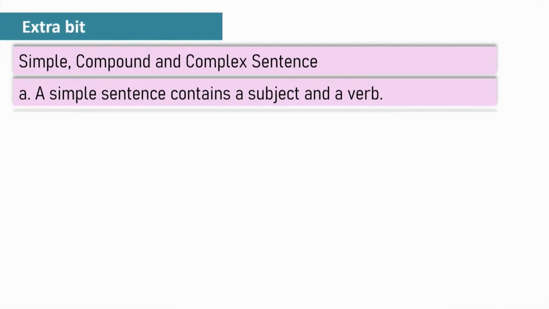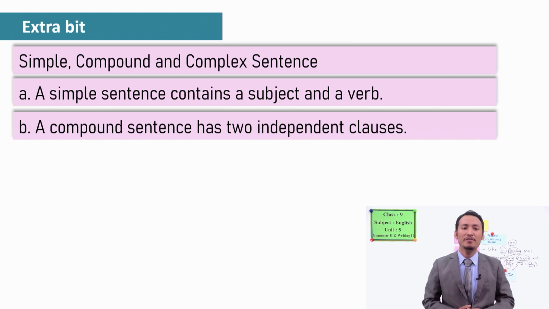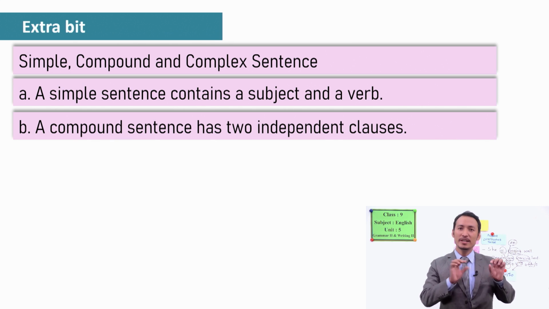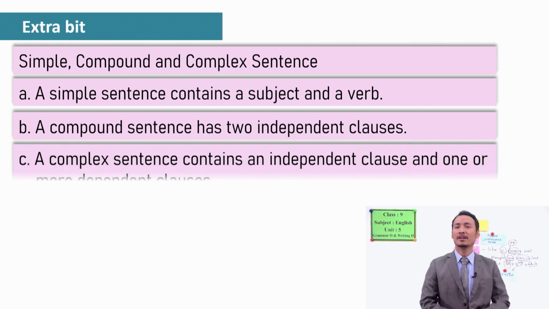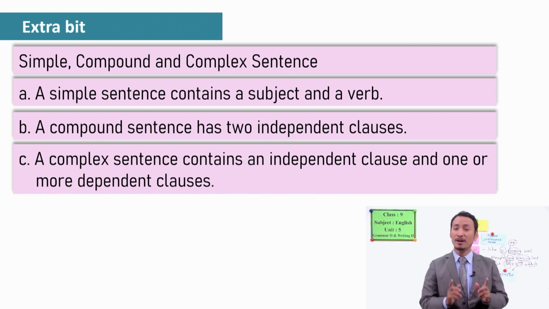And we have another, the compound sentence. Compound sentences have 2 independent clauses, especially connected by coordinating conjunctions like and, but, or, so. These are the conjunctions that connect 2 similar independent sentences. And we have the last type of sentence, that is a complex sentence.